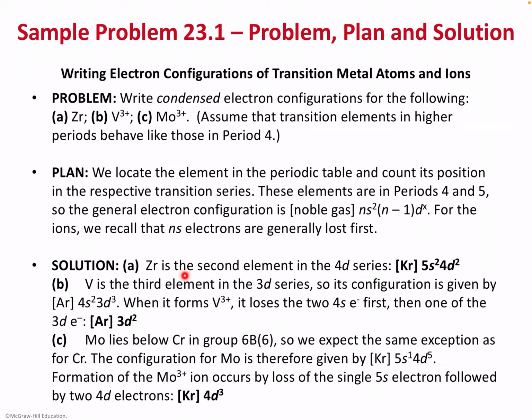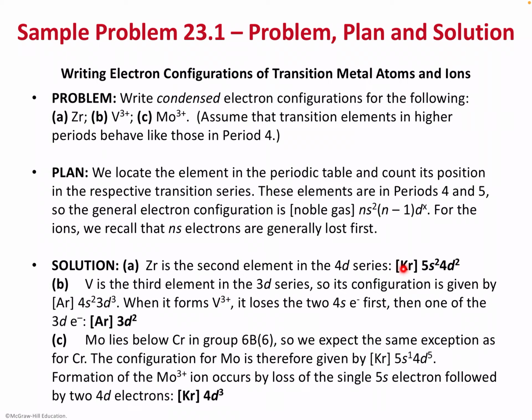Zirconium is the second element in the 4d series, so you have to locate zirconium in the periodic table. Okay. And the noble gas prior to zirconium is krypton. So look up your periodic table.